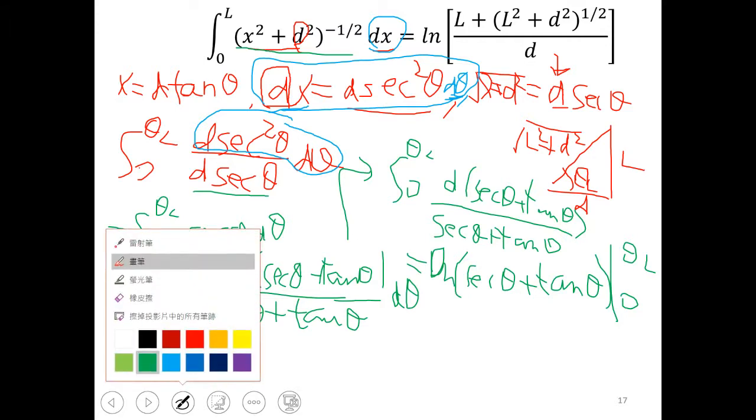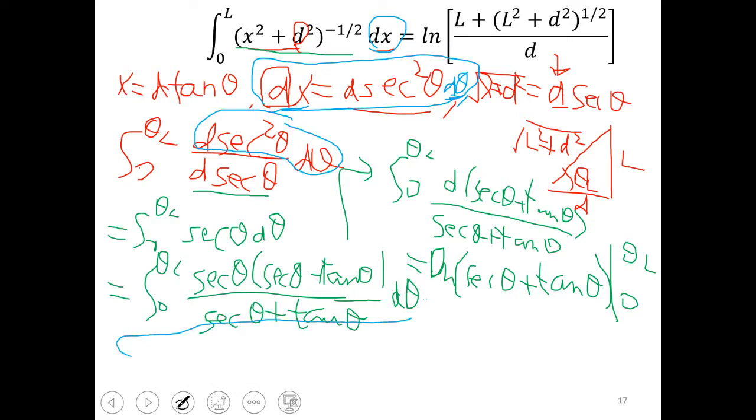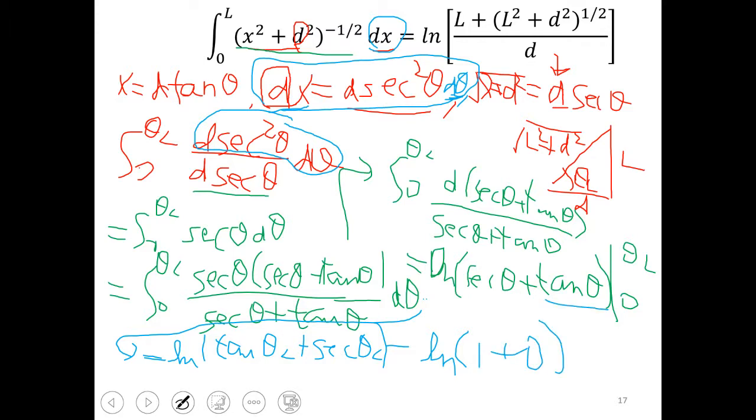So finally, it will become log of tangent theta L plus secant theta L, minus log of 1 plus 0. Tangent 0 is 0. Secant 0 is 1. So this one is 0.